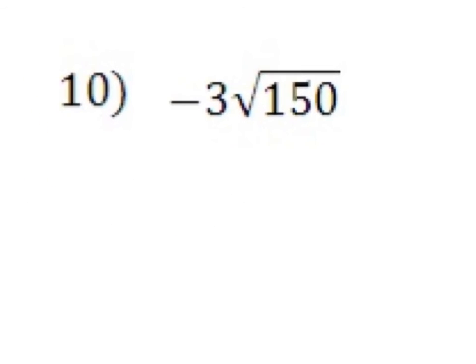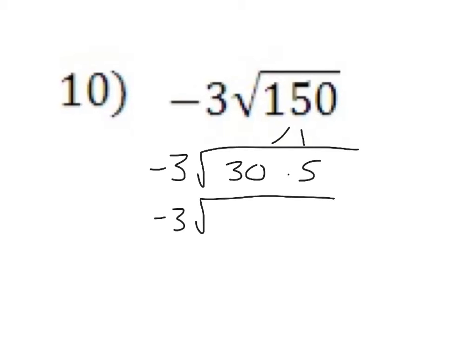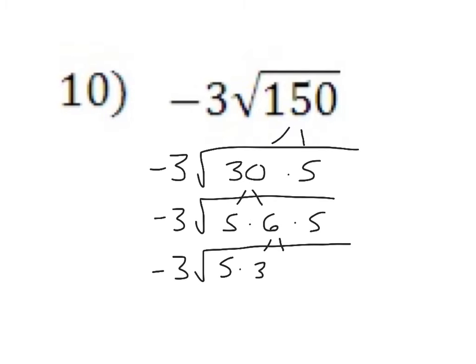Okay, number 10. We have a negative 3 on the outside. And how do we split up 150? 30 and 5. We can do that. So what can we split 30 into? 5 and 6. And can we break anything else down in here? So 6, we have a 3 and a 2.